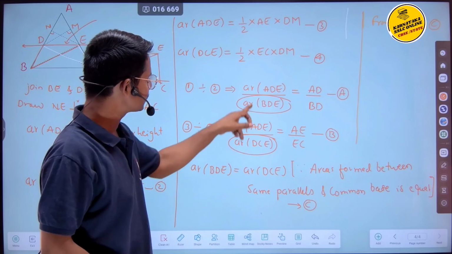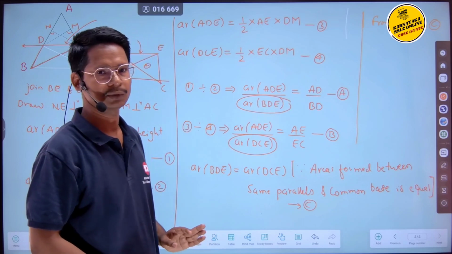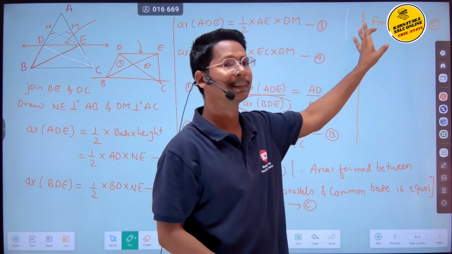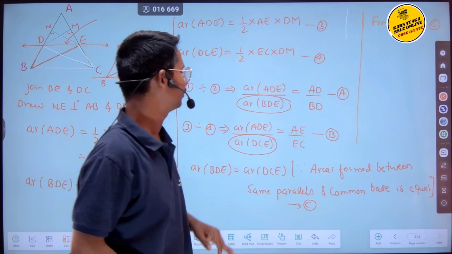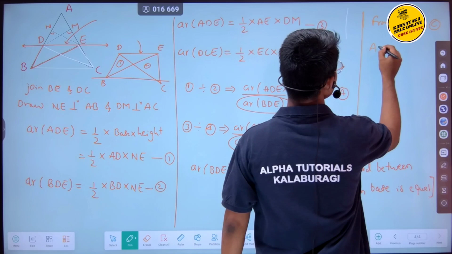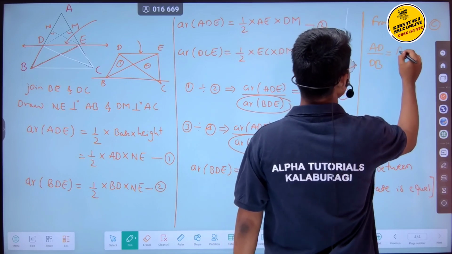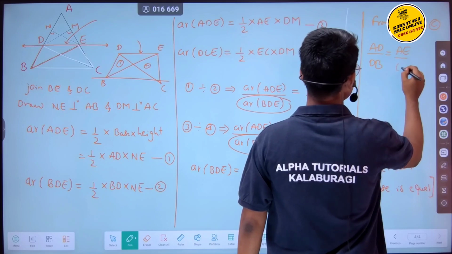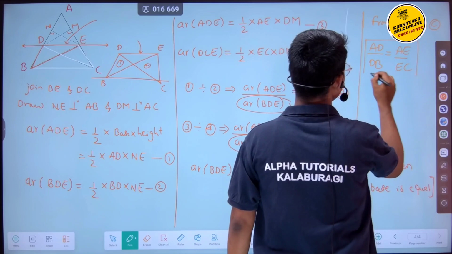Now the LHS parts are going to be exactly the same, and I can say the RHS parts are also going to be equal. When I compare equations A, B and C, the outcome will be that the RHS parts are equal. So AD by DB is equal to AE by EC. So this is our required result.